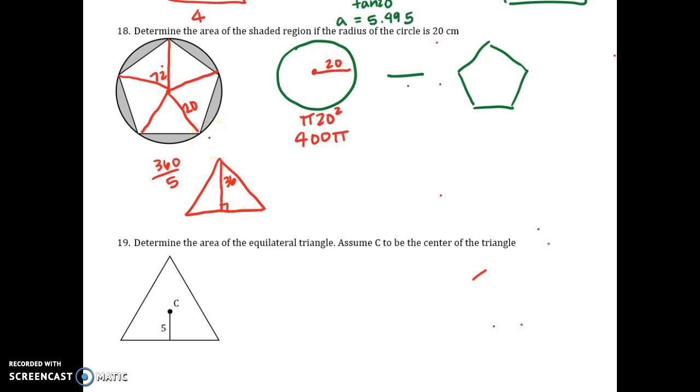We need to know both the apothem, this measurement, and we need to know the side. And technically that's half the side. So we have to do both sine and cosine. Well, not tangent. So let's set up the sine of 36 equals s over 20, because that's the radius of the circle.